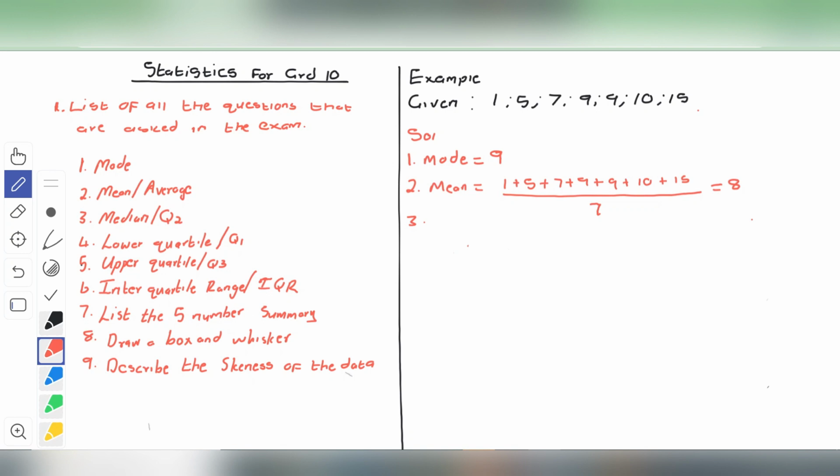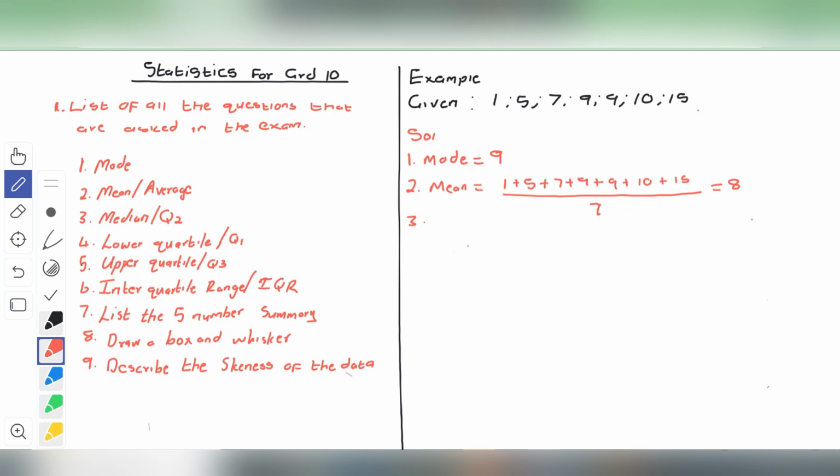The first thing, guys, it's very important to list your data set in ascending order, meaning from the smallest number to the biggest number. That is the important thing you need to do before you can calculate the median.